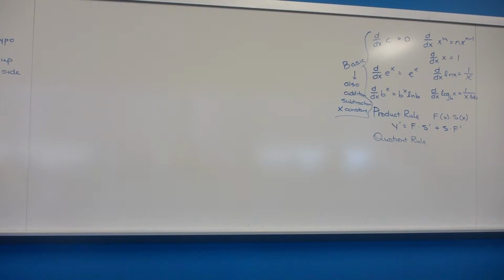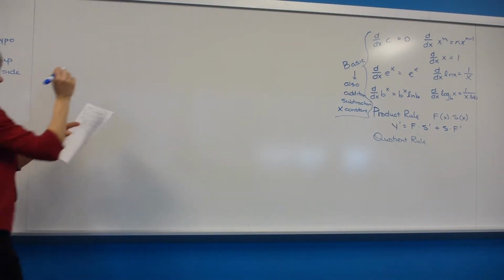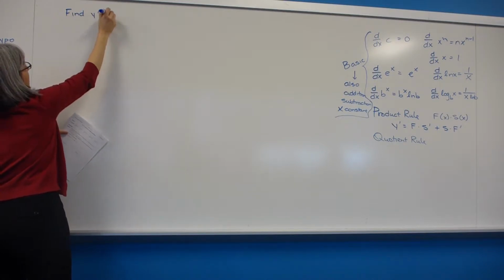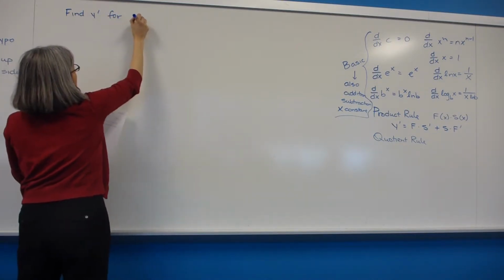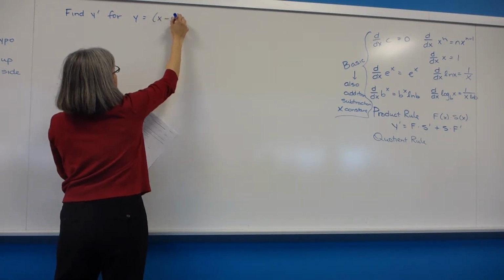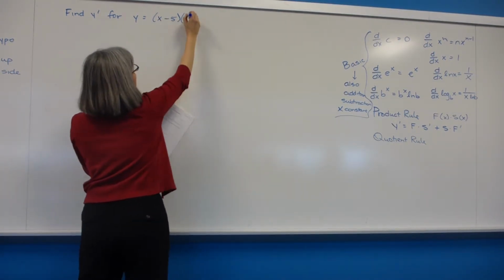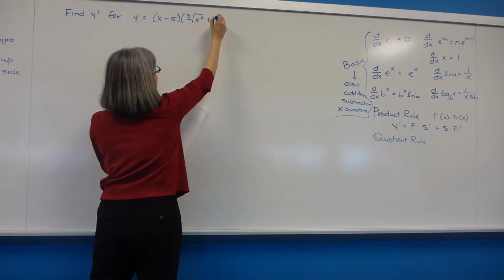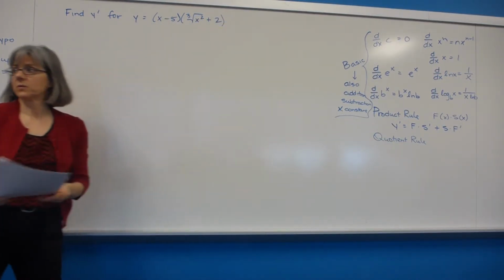This is example 4. So find y prime for y equals x minus 5 times the cube root of x squared plus 2.